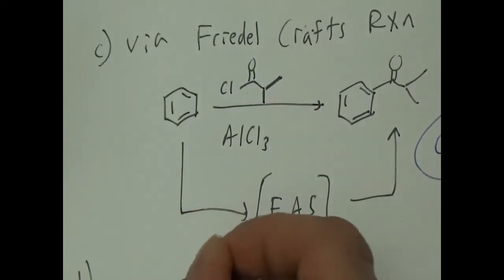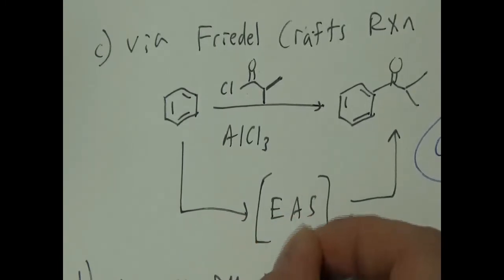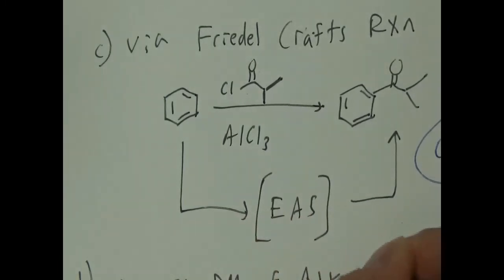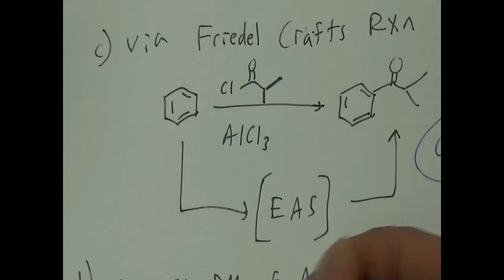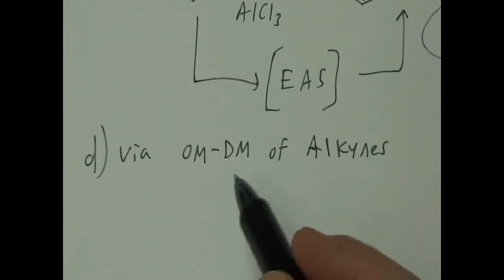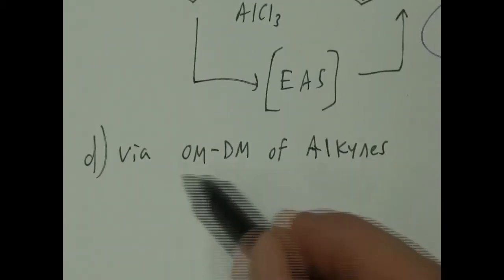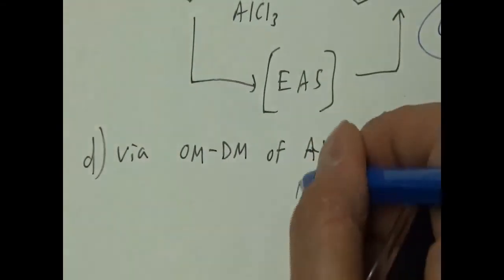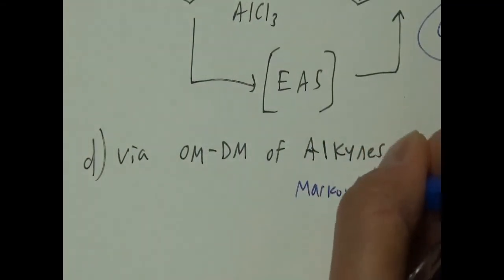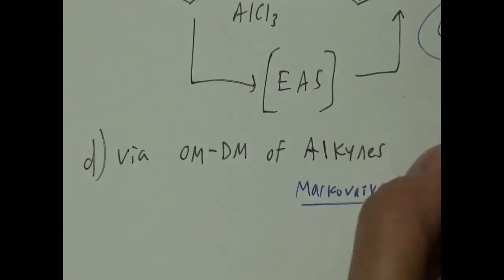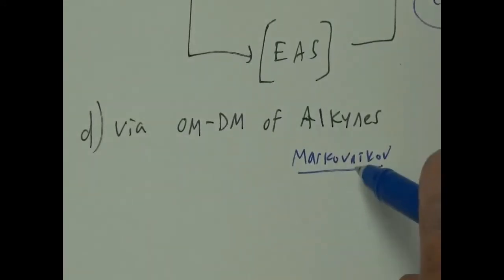D. Via oxymercuration, demercuration of alkynes. So this is another alkyne reaction we learned. This is the Markovnikov one. The anti-Markovnikov one was the boron one, hydroboration, oxidation, which we talked about in the aldehydes.